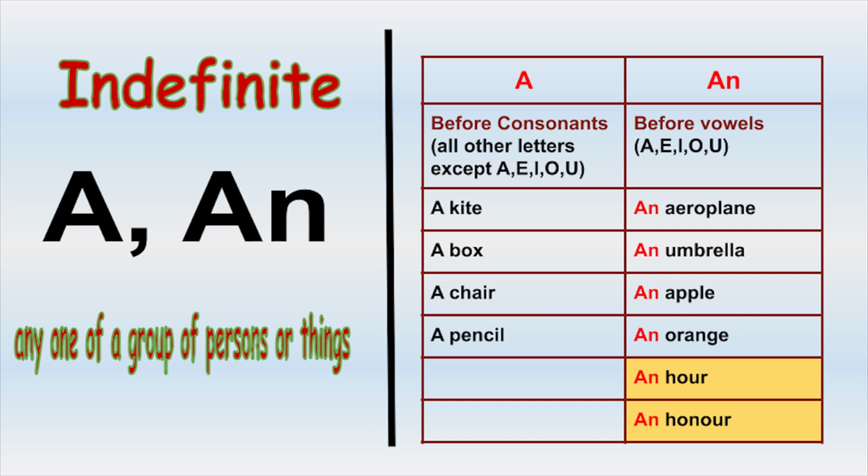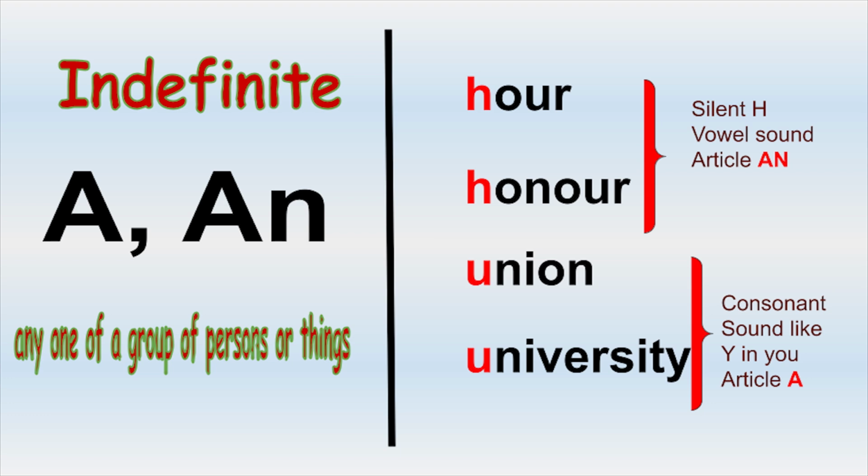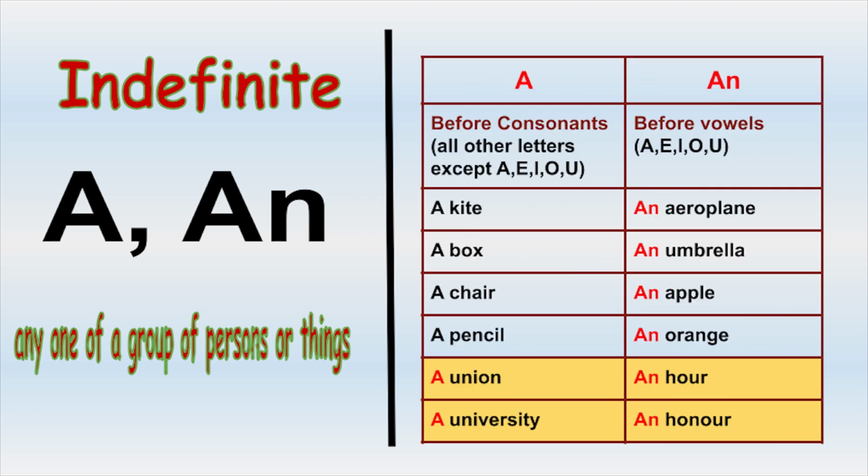An hour and an honor. Likewise, union and university. Even though they start with a vowel U, they are pronounced with a consonant sound like the Y in U. So the article a is used before these nouns. A union and a university.